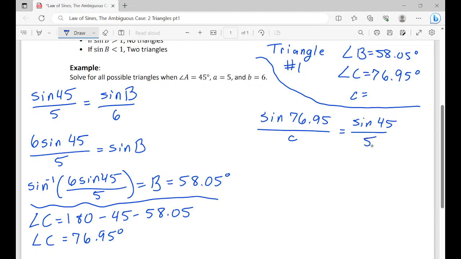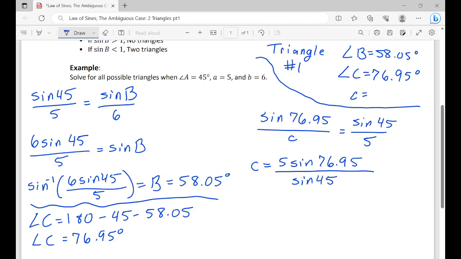Now I'm just going to solve for C: multiply the 5 over, divide the sine 45 over, and multiply the C over. I'm going to end up getting C equals 5 sine 76.95 over sine of 45.